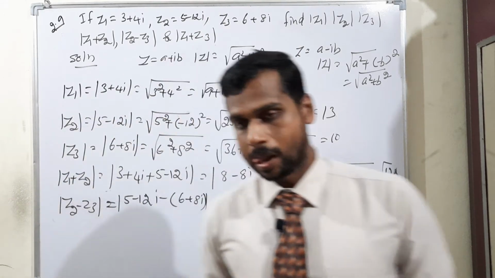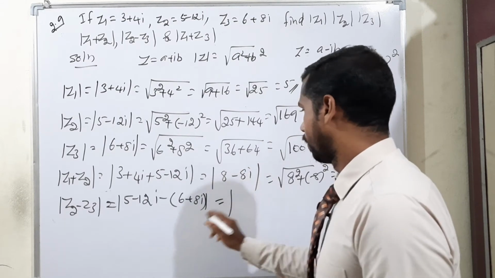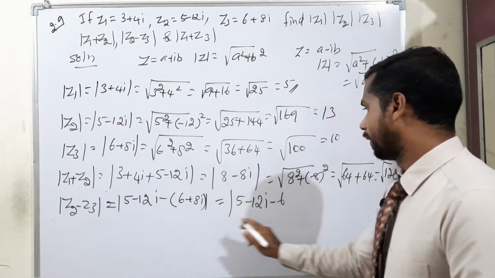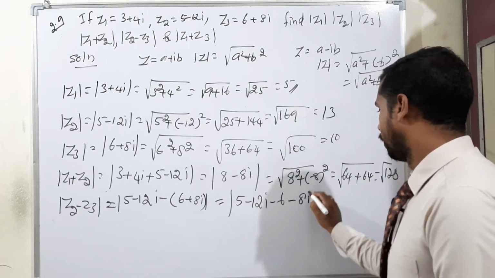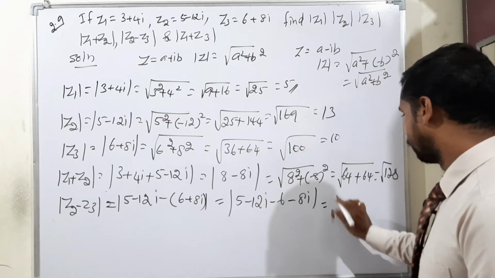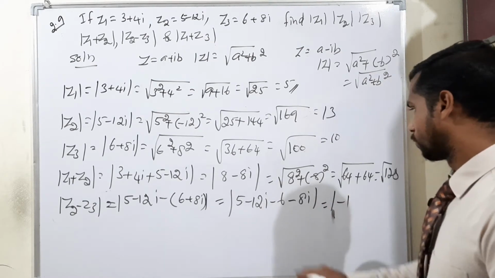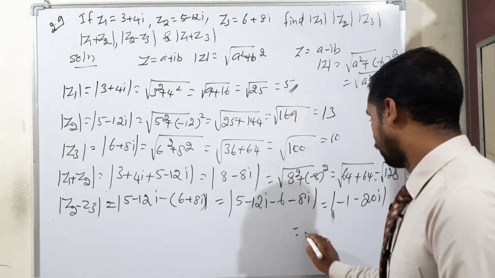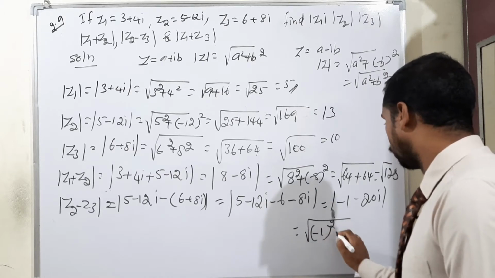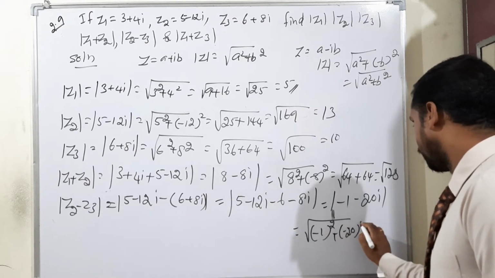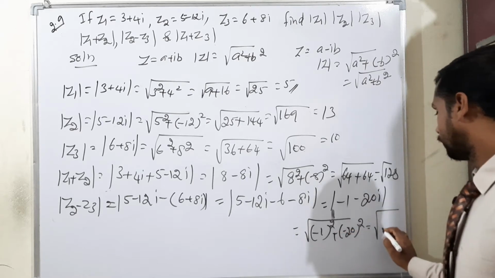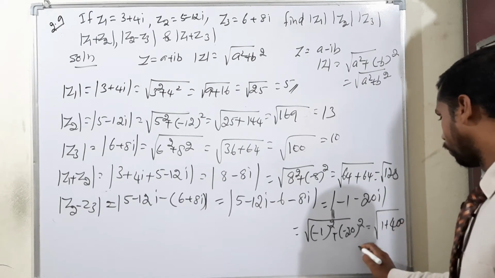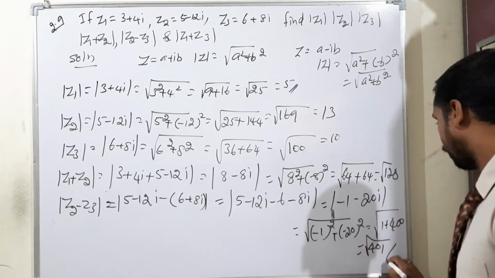Keep 5 minus 12i as it is, then remove the bracket: minus 6, and minus 8i. So 5 minus 6 is minus 1, and minus 12i minus 8i is minus 20i. Therefore the modulus is the square root of minus 1 the whole square plus minus 20 the whole square, which is 1 plus 400. Therefore the answer is the square root of 401.